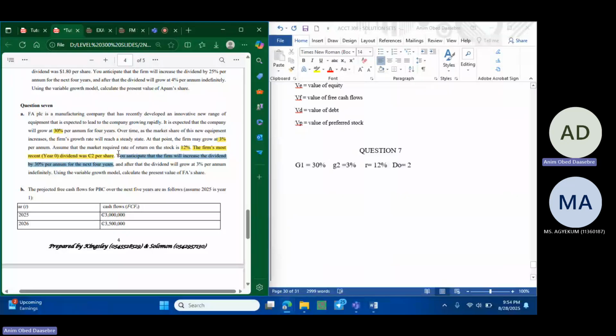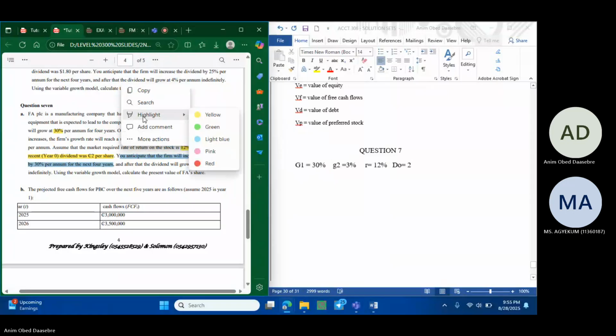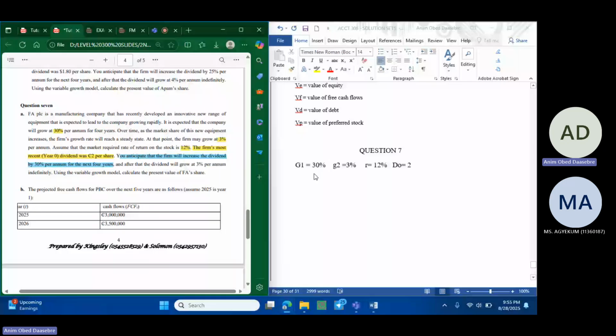And that 2024 is the price. The price of the bond is what they are giving to us. So we grow the price, 2 cedis, by the 30% up to the 4 years.